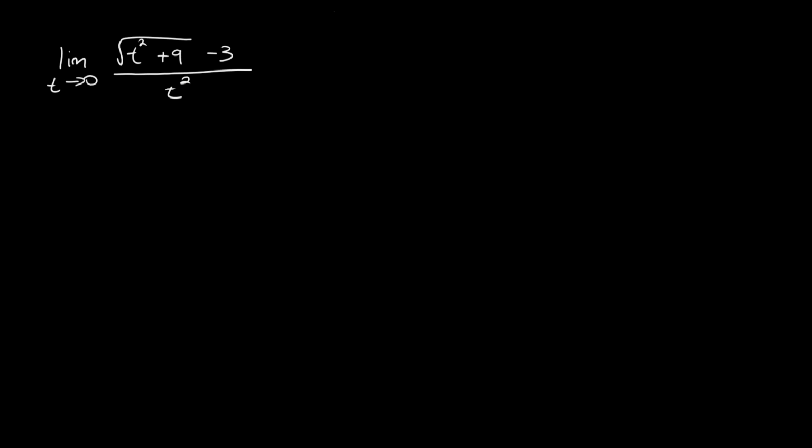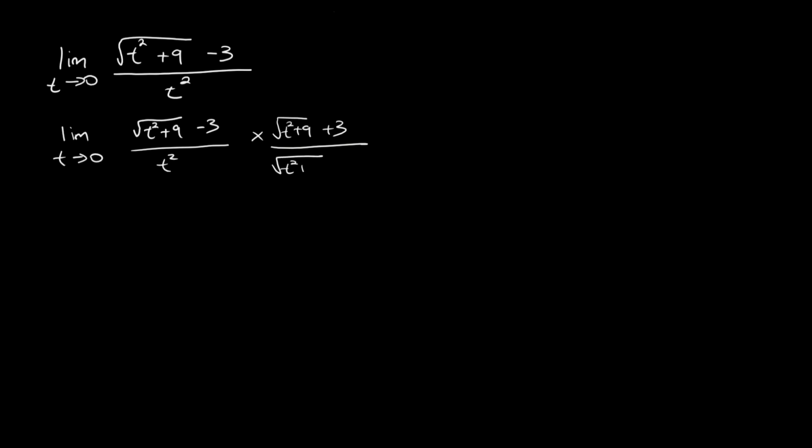Now, to solve this, we're going to find the conjugate of our radical. So that'll be the limit as t approaches 0 of the root of t squared plus 9 minus 3 divided by t squared, multiplied by the root of t squared plus 9 plus 3 divided by the root of t squared plus 9 plus 3.